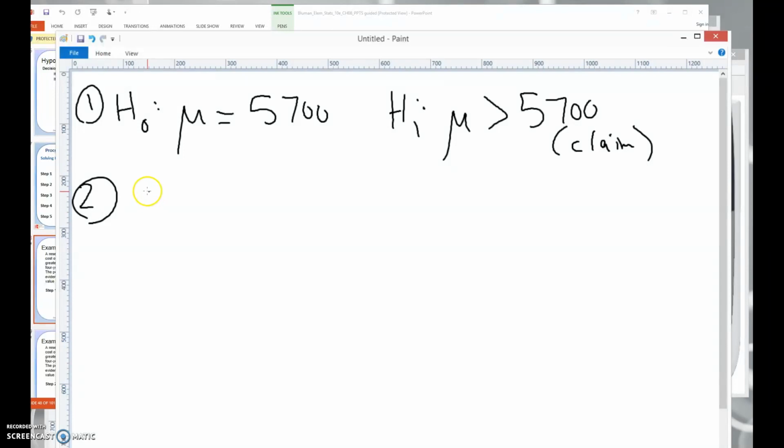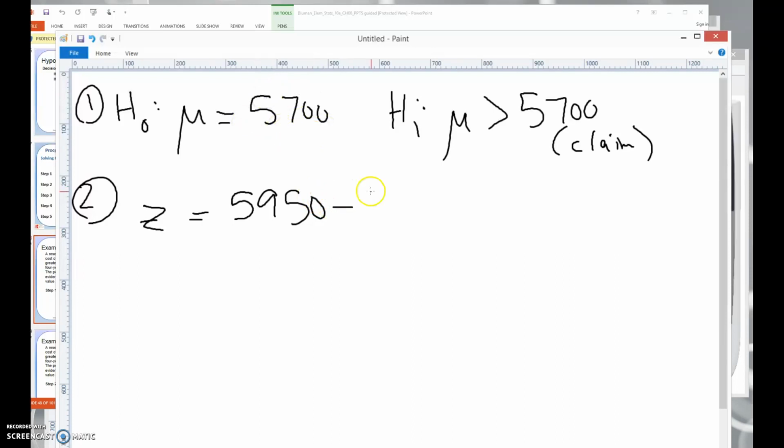In this case, the test value is going to be a z because we do know the standard deviation of the population. Our mean of the sample that was given to us is 5,950.